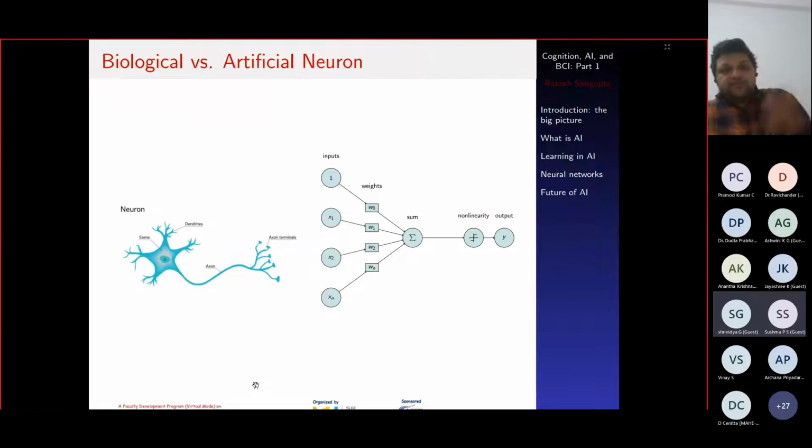Now, to go to the first level, we are going to show you the difference and similarity between a biological and an artificial neuron. As you see, we can model the biological neuron as the simplest perceptron. This was one of the first artificial neural network models developed. This perceptron gets inputs from outside and weighted inputs.